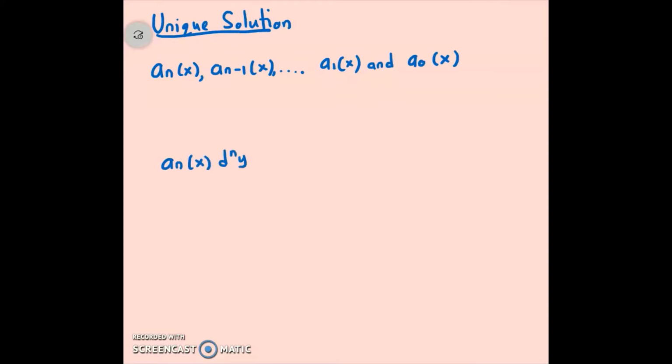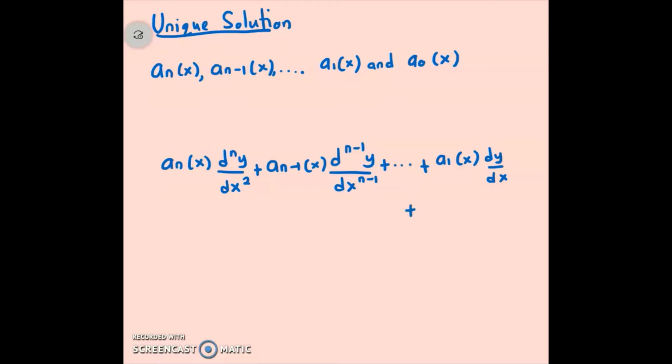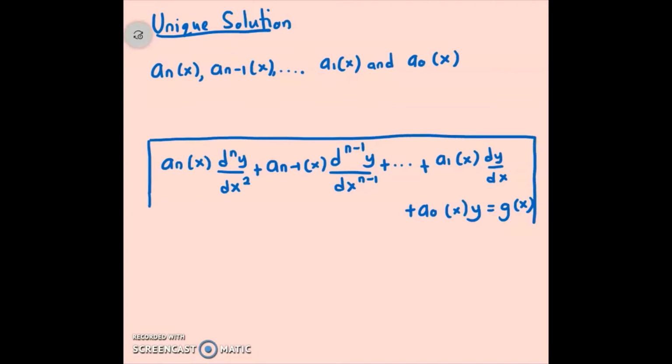a_n(x) d^n y/dx^n plus a_(n-1)(x) d^(n-1) y/dx^(n-1) plus up to a1(x) dy/dx plus a0(x) y equals g(x). I'm talking about this higher order; we say higher order because it depends on the value of n.